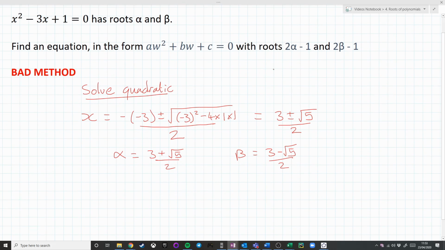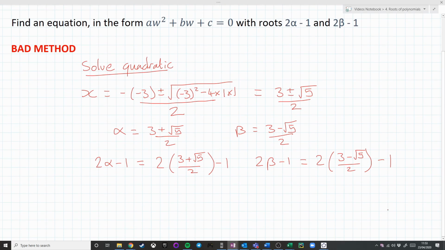Right, we want our new equation to have 2 alpha minus 1. So 2 alpha minus 1 is equal to 2 times this, 3 plus root 5 over 2. Note that we want to have everything exact. And 2 beta minus 1, which is going to be 3 minus root 5 over 2 minus 1. And so I could make a quadratic which has those roots. That's no problem.